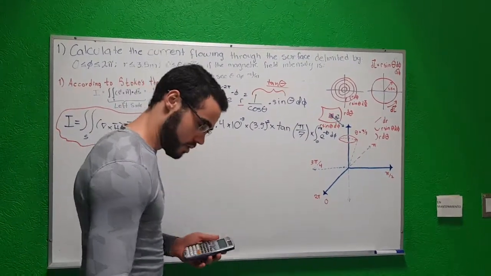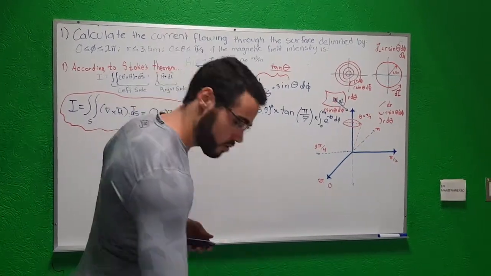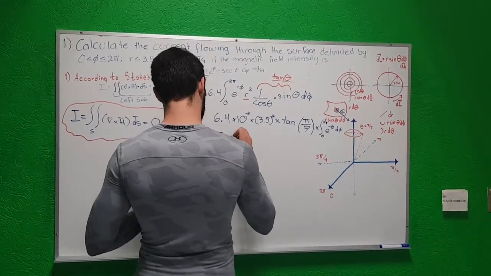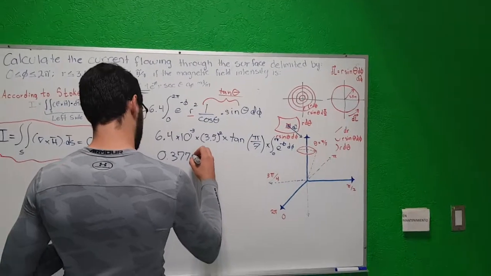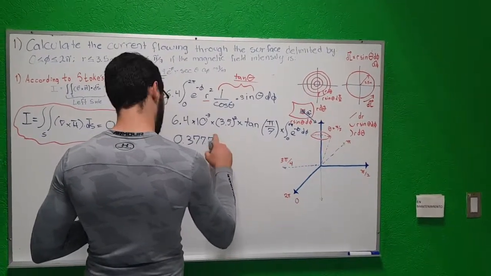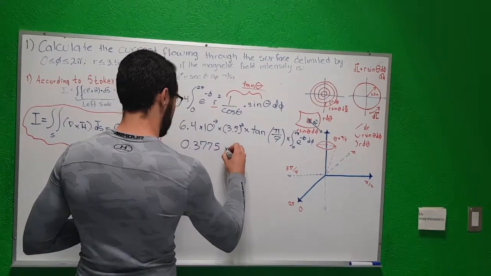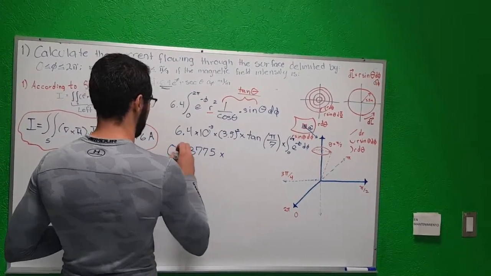With this I get 0.003775, times here's a 0, sorry teacher. Don't worry.